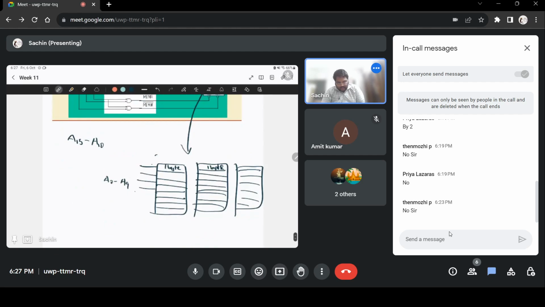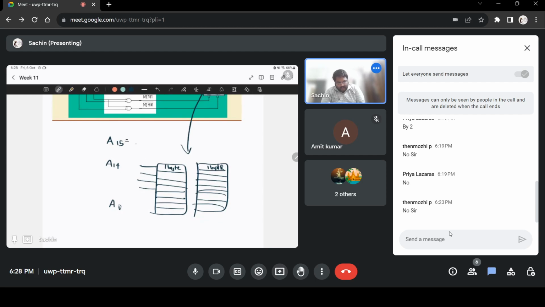So here, maybe some concrete numbers would help. Let's say I was using only the 15th bit to select a chip, and the rest of the bits A14 to A0 were used to select the address within one of these blocks.